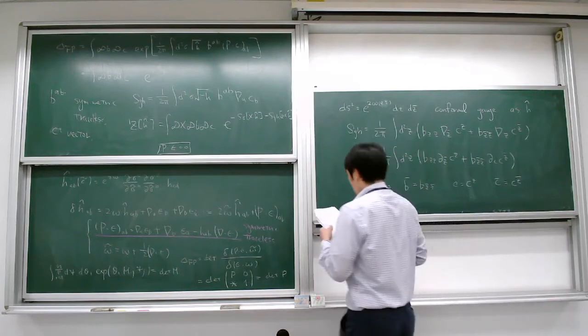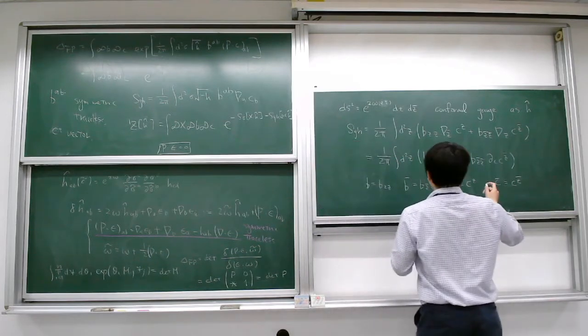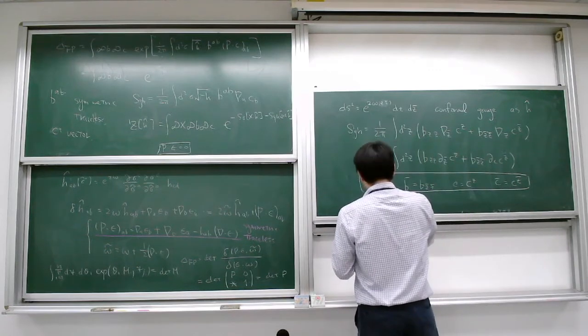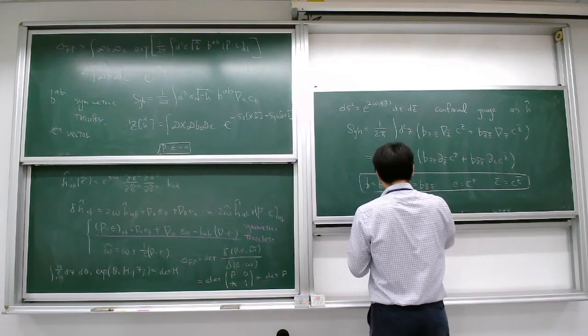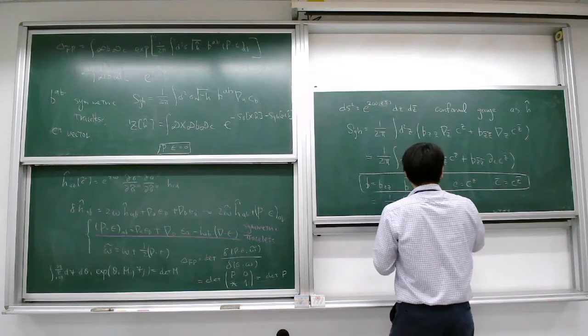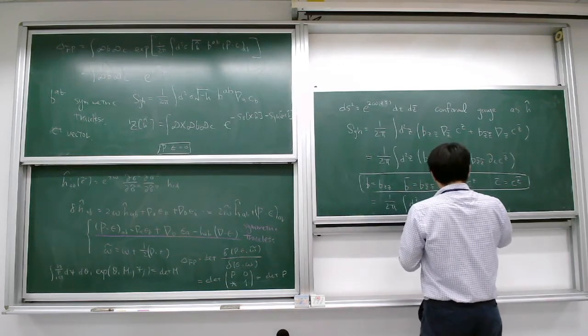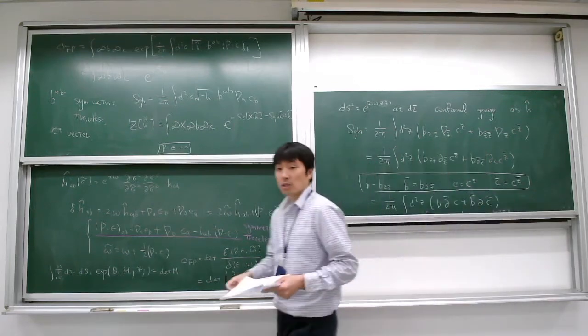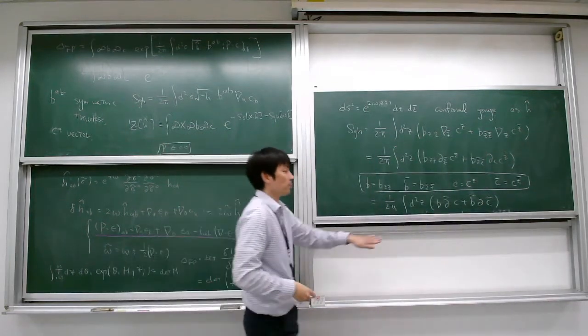Then if you introduce this variable, the action is written in a very simple form. Okay, so this is the action of the BC ghost.